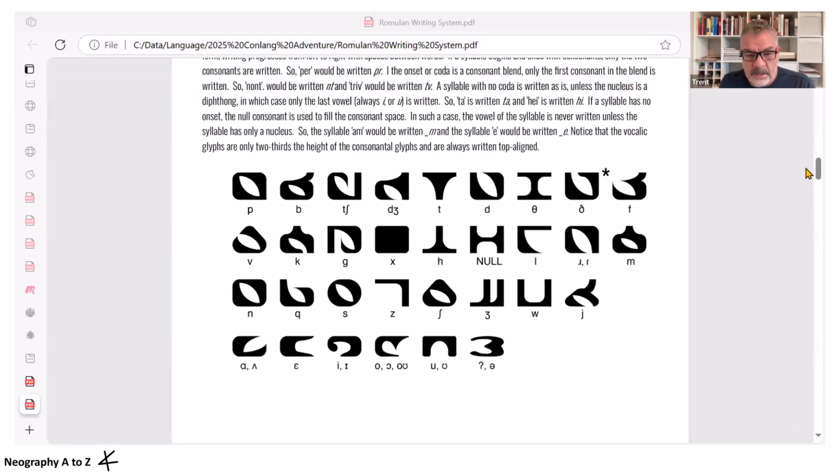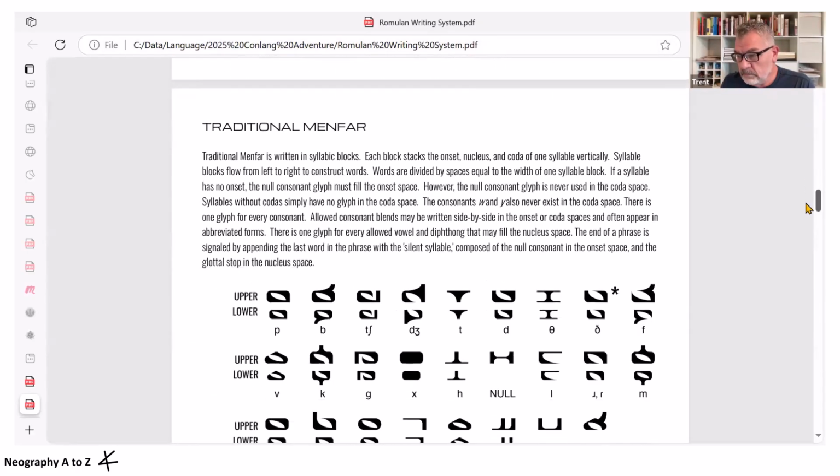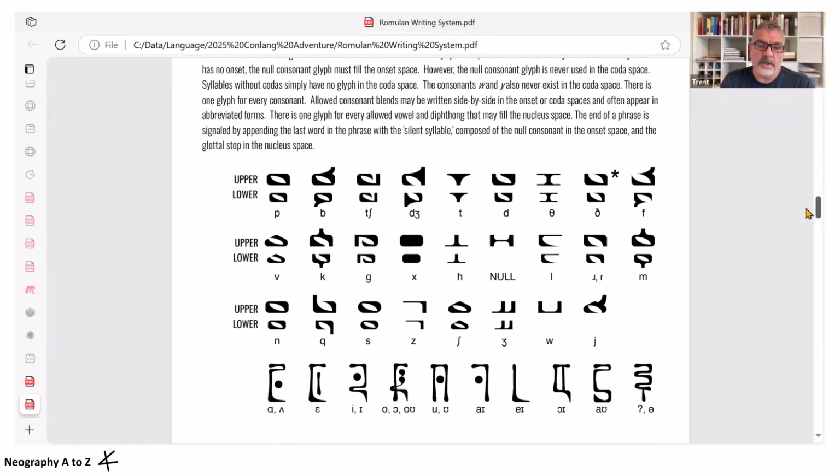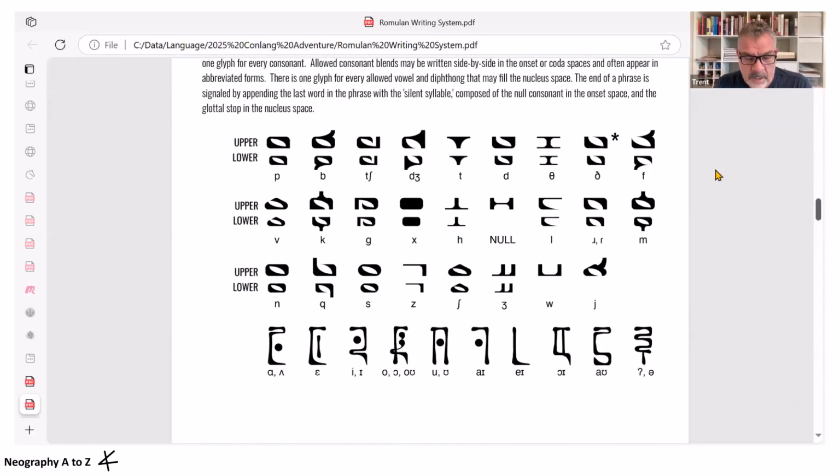Okay, if we go down to the next section. So this is traditional Menfar, and this is where more of the aesthetic of my own conlanging comes into play. With this set of glyphs, full syllables are represented, and each syllable is written in a vertical block that has the onset at the top, nucleus in the middle, coda at the bottom.